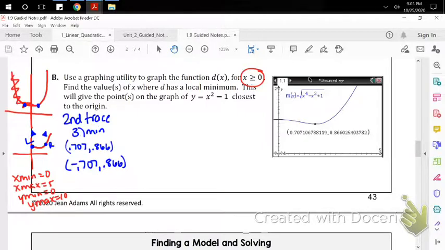Now, this is the minimum using my distance formula, but my x's are going to be the same on it. So if I know the x value, how would I find the y value? Well, if I know that x is negative 0.707, I can plug it into that equation to find its y value. And so let's do that.